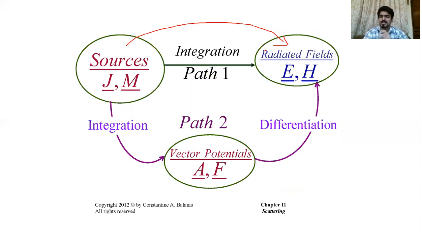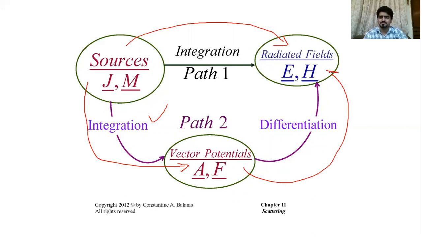However, that path 1 is sometimes complicated because you don't have uncoupled equations. So that's why we go through this two-step approach, where first we find these vector potentials A and F by using integration, and from those vector potentials we find the radiated fields E and H by differentiation.